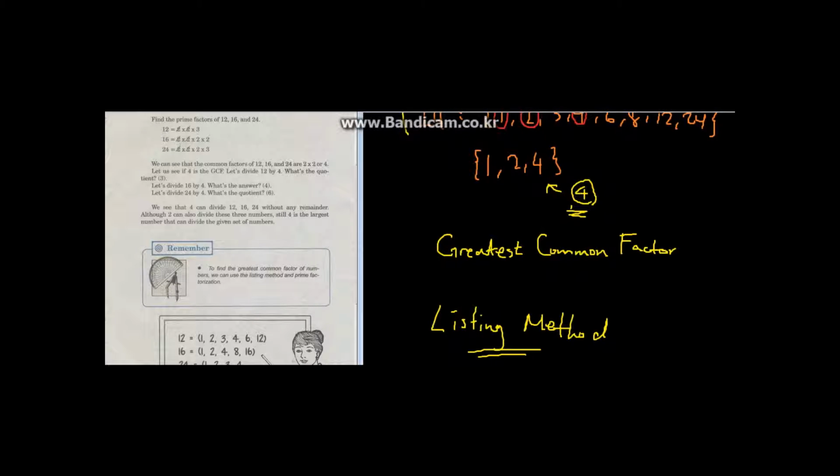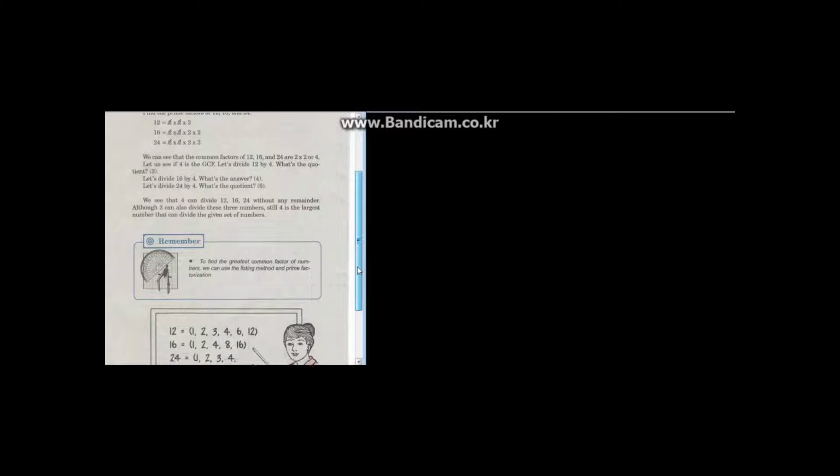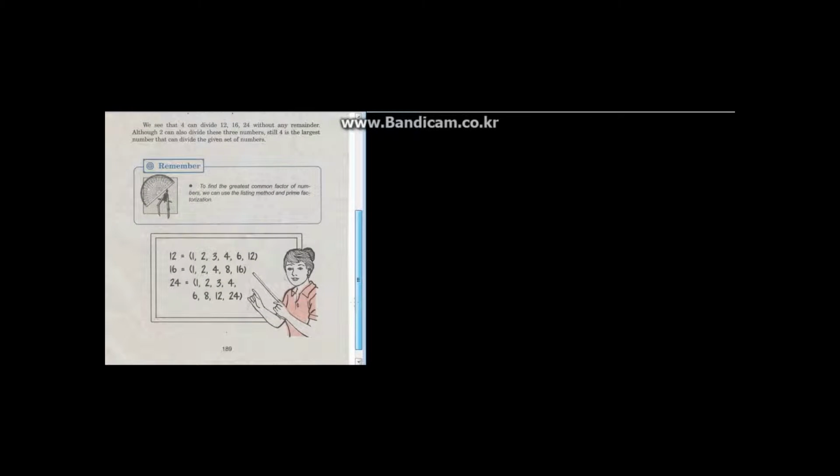So it's basically the same thing. Remember, to find the greatest common factor of the numbers, we can use the listing method and the prime factorization. Okay, now let's move on to solve some questions on the next page.